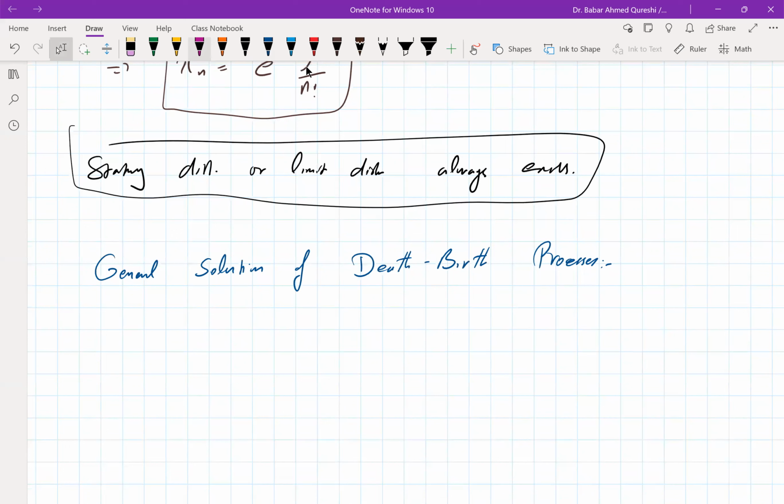In the general case, in the death birth processes, all you are given are these numbers: mu0, mu1, mu2, and so on. That's the most general birth death process if you give these numbers, and it's not in general linear. The birth rate may depend on how many people are already present, and similarly death rate may depend on how many people are already present, depending on the condition of the population.